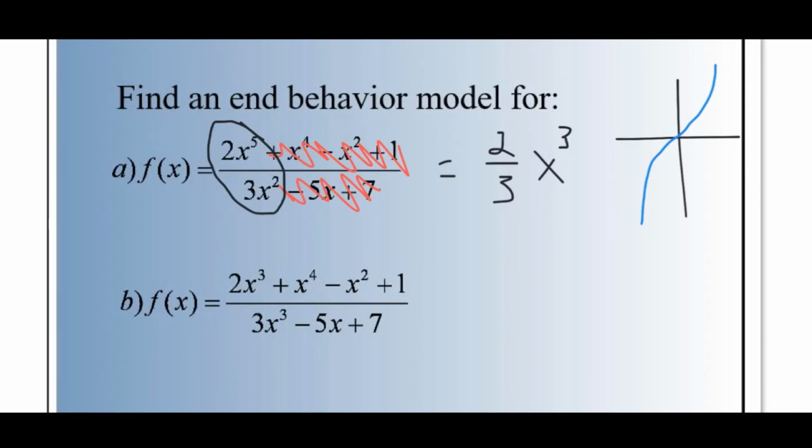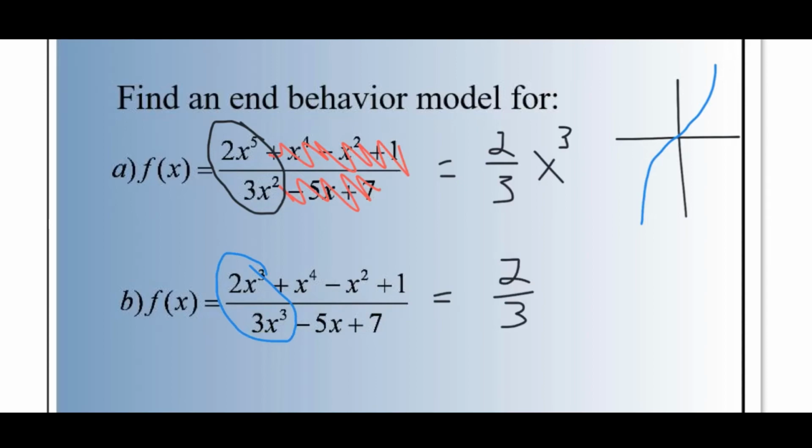All right, looking at the next one, example B. When they're looking for the end behavior model, once again, we pretty much ignore everything besides the leading terms of both the numerator and denominator. Looking at those leading terms, you can see that the degrees are the same. So if I take that as an end behavior model, 2x cubed over 3x cubed, well, those x cubes are gone, so literally the end behavior model is 2/3.